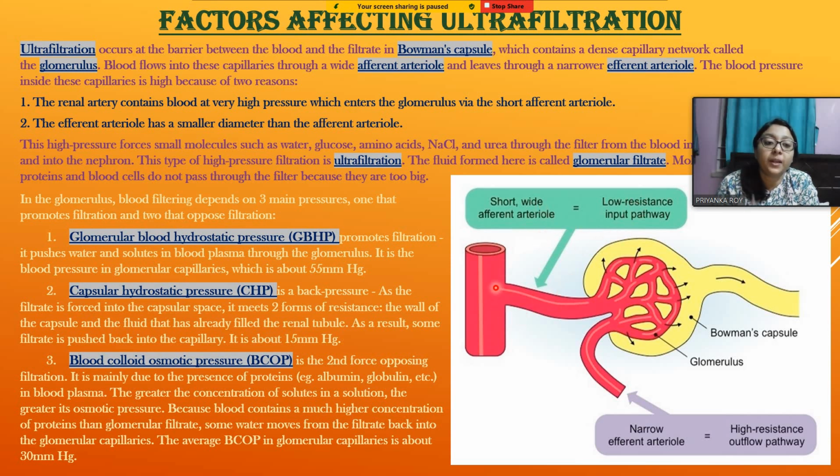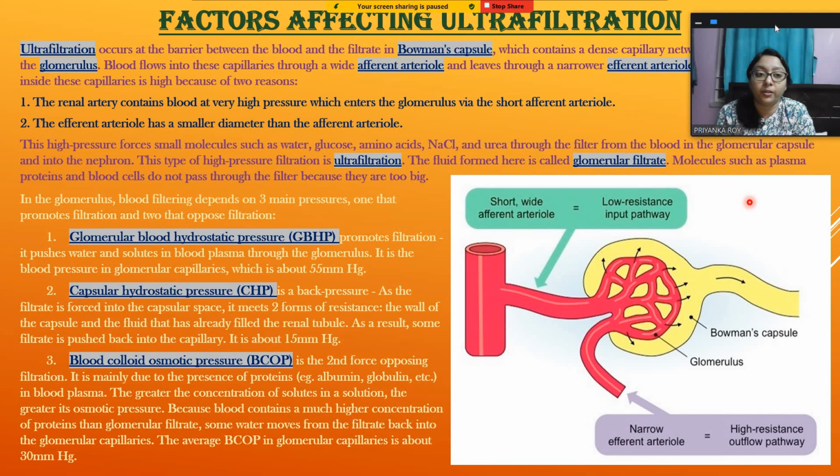So of course the blood will gush into the glomerulus and it will come out very slowly because of the narrow efferent arteriole. Blood will stay here longer, and therefore a high pressure will be created inside the glomerulus. This high pressure forces small molecules such as water, glucose, amino acids, sodium chloride and urea to go from the blood to the glomerular capsule, the Bowman's capsule, the empty space over there, the Bowman's space.